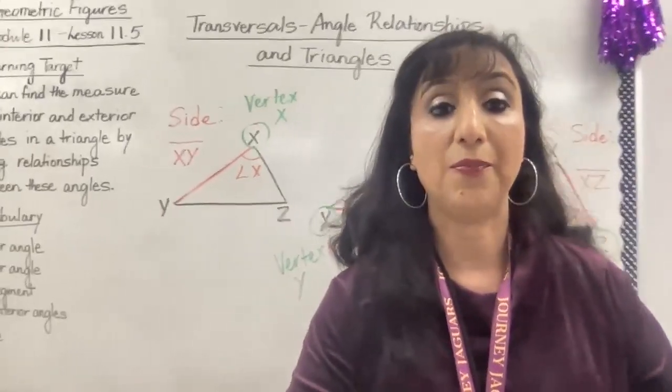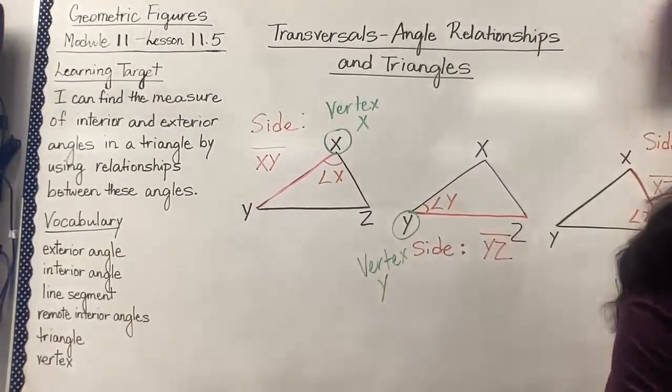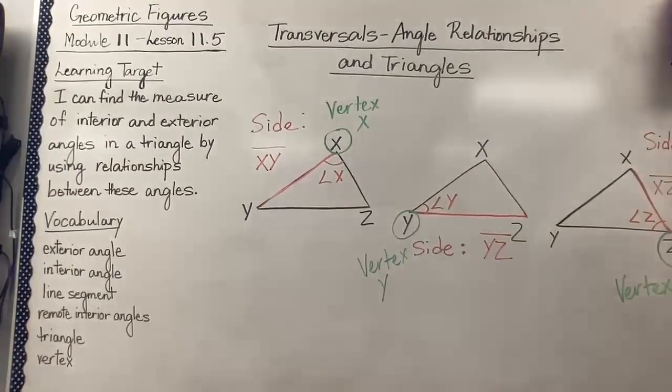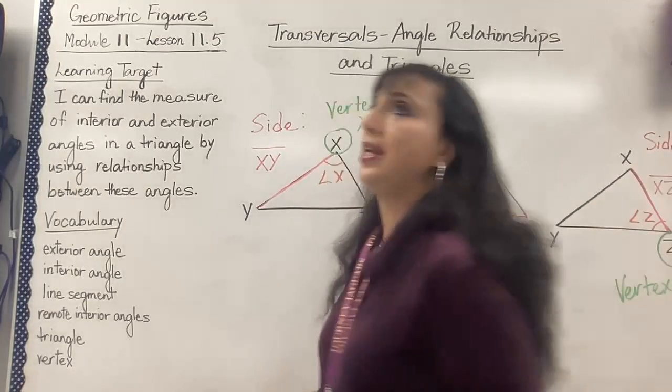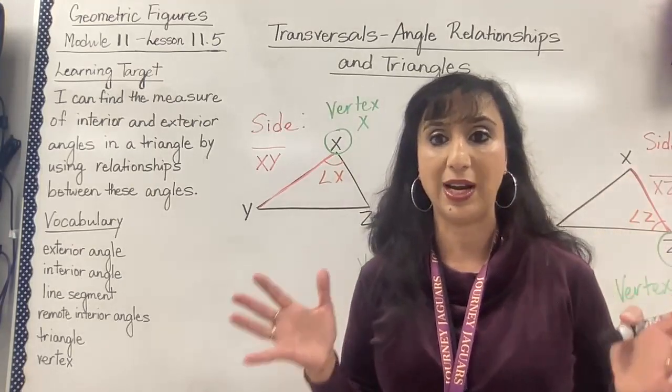Okay, now let's move on, and we are going to talk about the measure of the interior angles of a triangle. Okay, and so if we have a triangle, I need you to understand, and I always like to explain in the form of a quadrilateral.